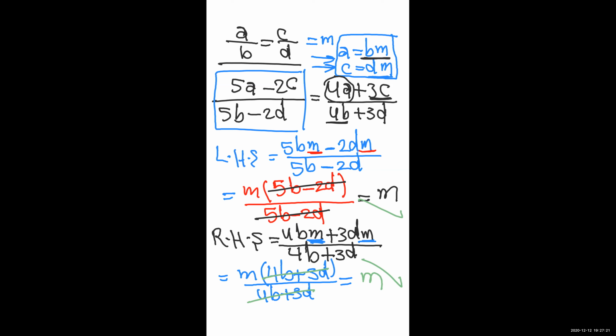Then the next point. We said before from the properties of the ratio that if we multiply one term of the ratios by a number, and of course this number is a non-zero number, the ratio becomes one from the given ratios.